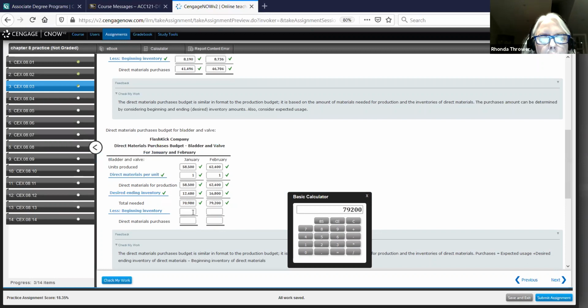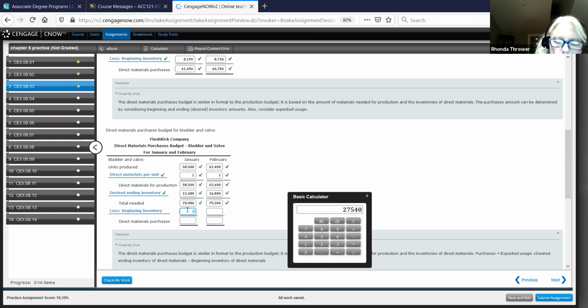But to find it for January, what you're going to need to know is how much direct materials you produced in January, which was 58,500. And I'm going to put in my calculator 58,500. I'm going to multiply this by 20% because what I have to find is the ending inventory for December. The ending inventory for December becomes the beginning inventory for January.